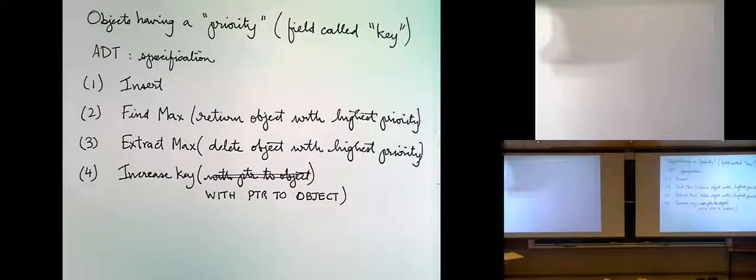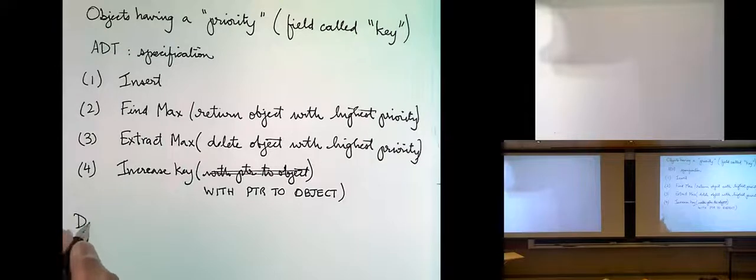Okay, so we can implement these operations using linked lists and sorted arrays and the kinds of things that we know and love. So let's go ahead and let's write out our table as before. So we'll do data structure here.